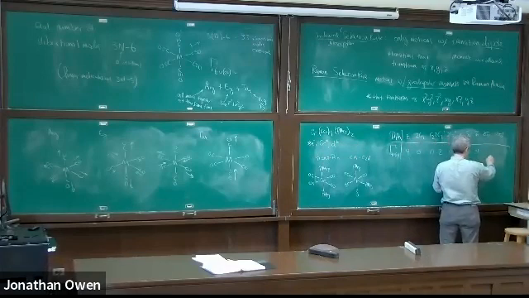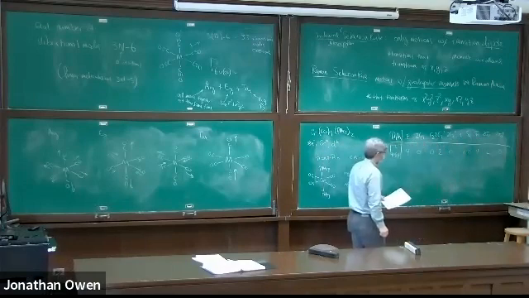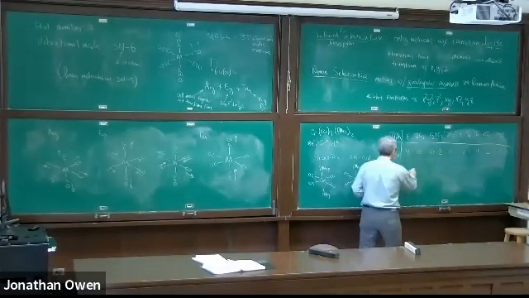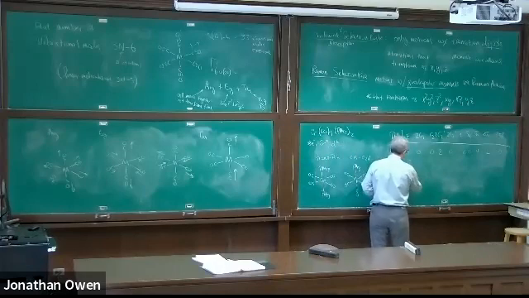There's 4 motions in the plane, so we're good. Sigma d, 2 per plane. And then you break that thing down just like you're used to, for nu CO.